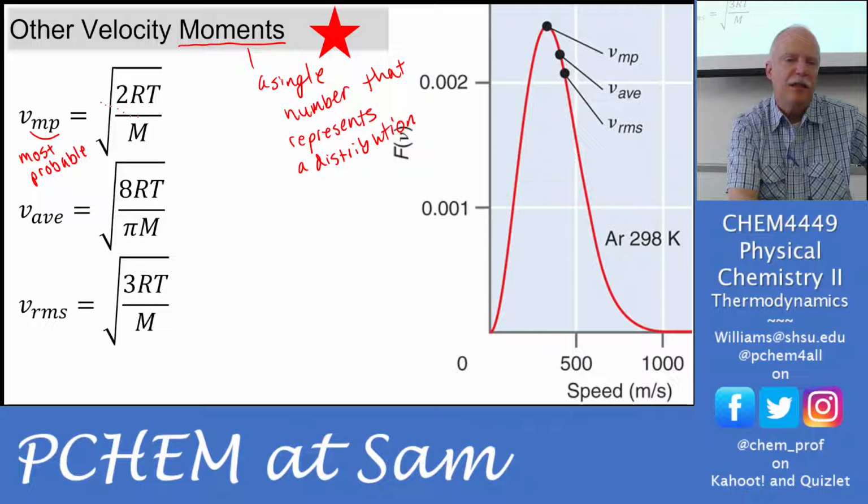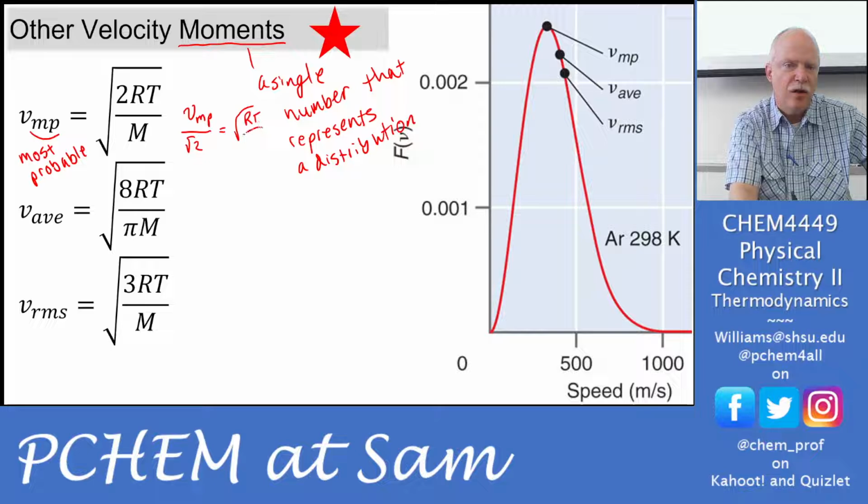Okay. So let's put everything on the left except RT over M, okay? And so let's say the new MP over the square root of 2 is equal to the square root of RT over M. Y'all see what I did there? Pretty straightforward.